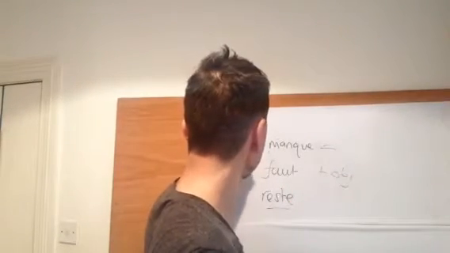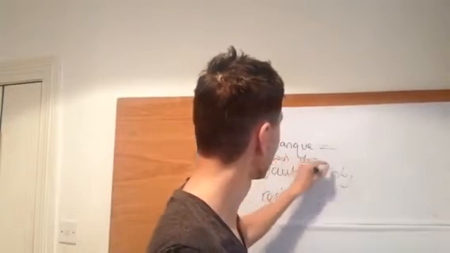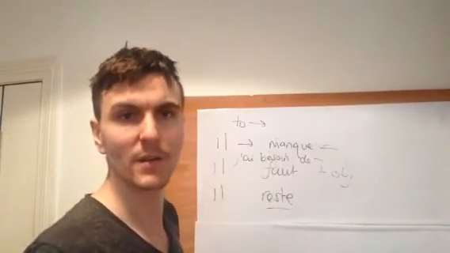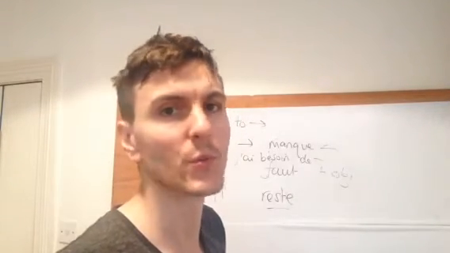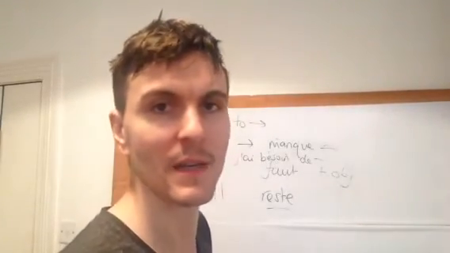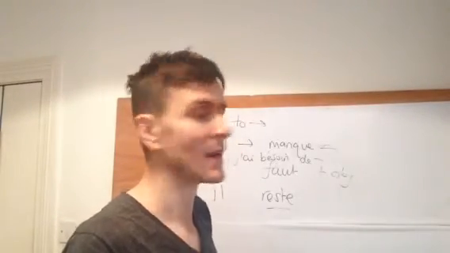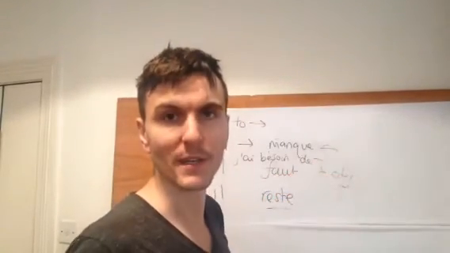Yeah, so j'ai besoin de can obviously be followed by a verb. J'ai besoin de parler. J'ai besoin de toucher, I need to touch. J'ai besoin d'expliquer, to explain, okay? J'avais besoin de, you know, I needed. But with this one, okay, keep this to objects.